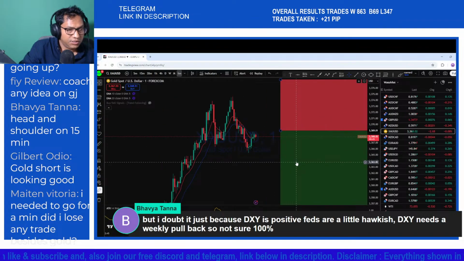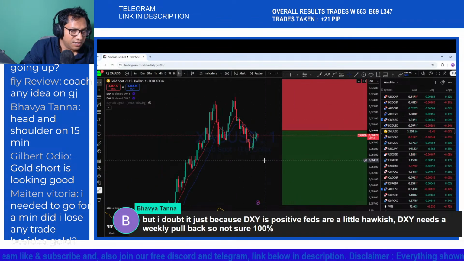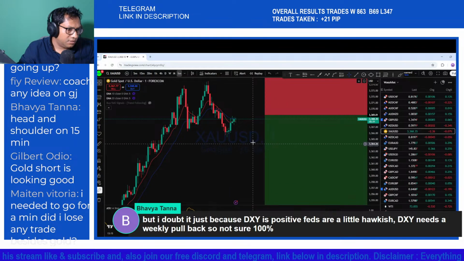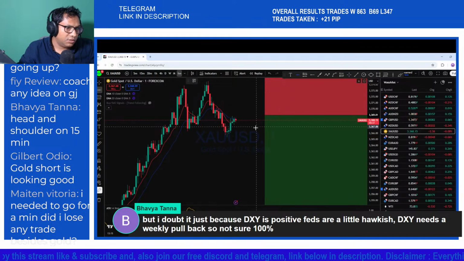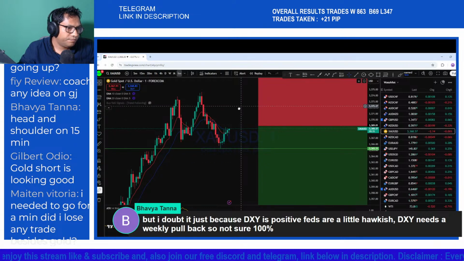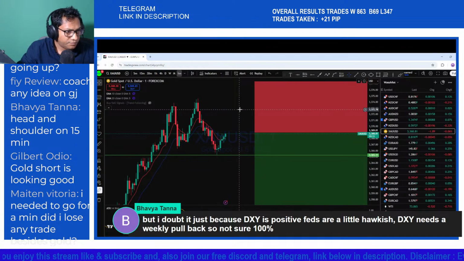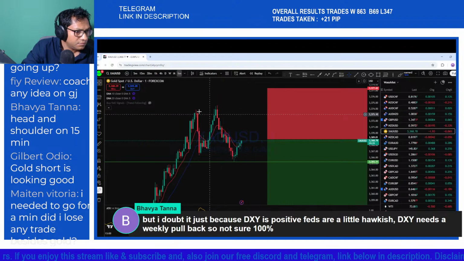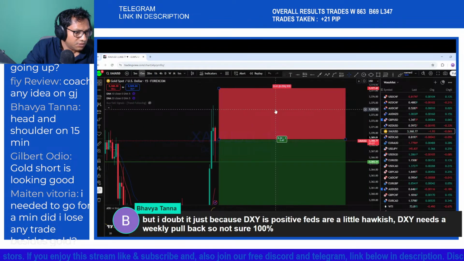So here on the 1 minute chart, we can see this is the previous swing low here. It's a 15 minutes candle closing.